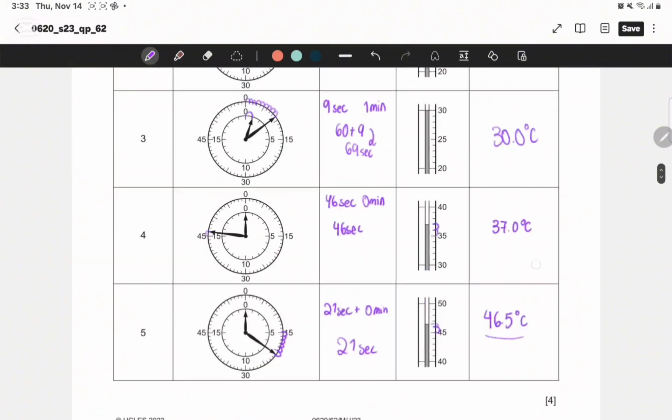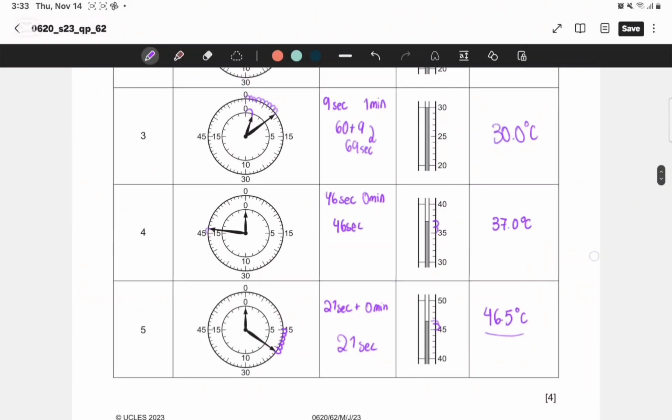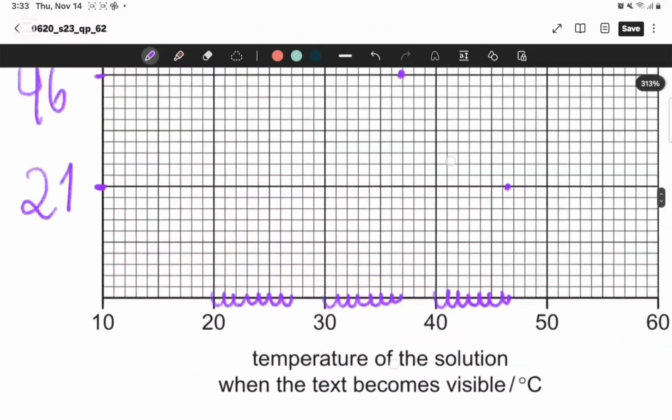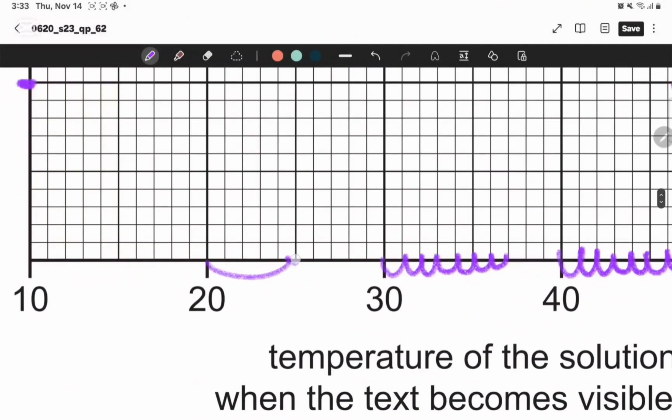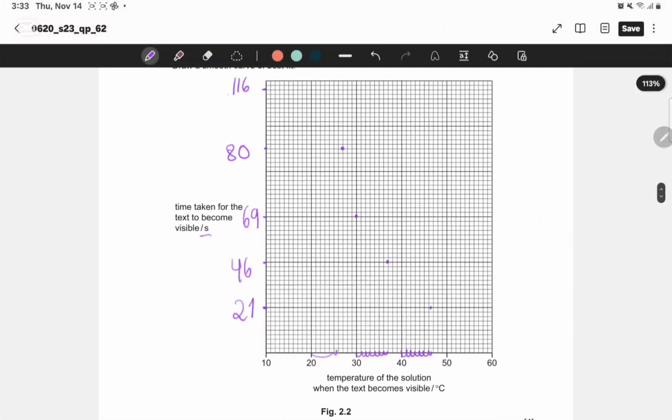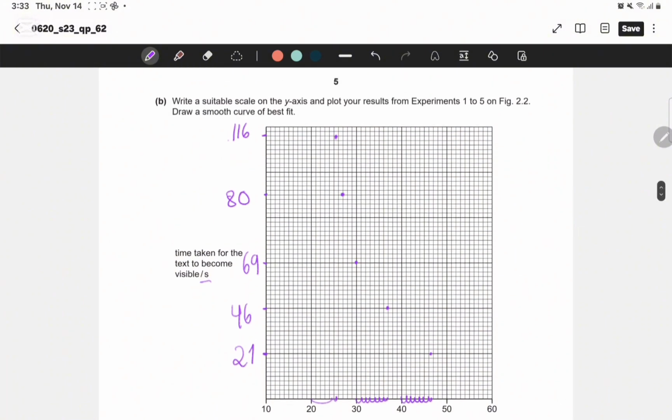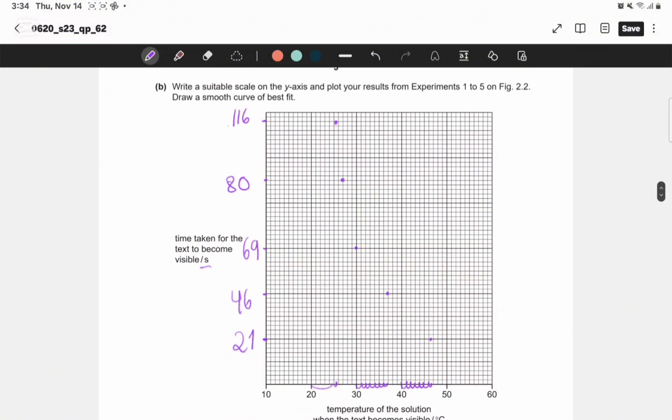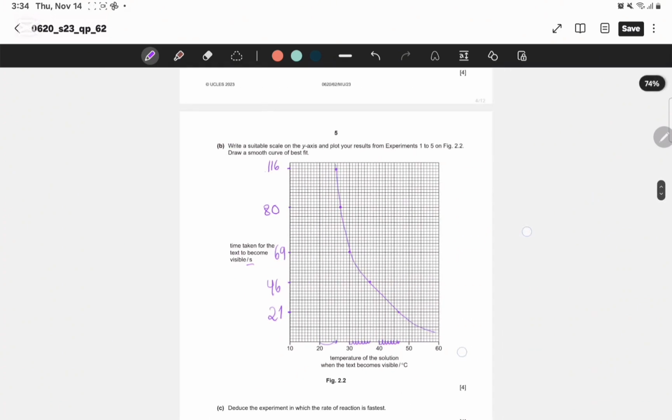And then at 116 seconds it's 20.5 degrees Celsius, so 25 is here, and 25.5, so around here. Okay, and then we're supposed to draw the line of best fit, which you know what that is, hopefully. It's a line that passes through all the points, pretty much like this. That's pretty much how it's supposed to look.